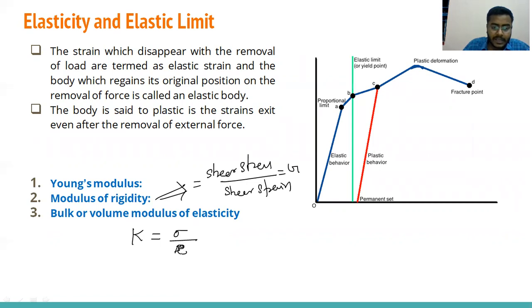Volumetric strain we write as EV, that is delta V divided by V. The normal stress acts on each face of a solid cube. Just see the formula, and then by solving the numerical problem, you can get the idea.